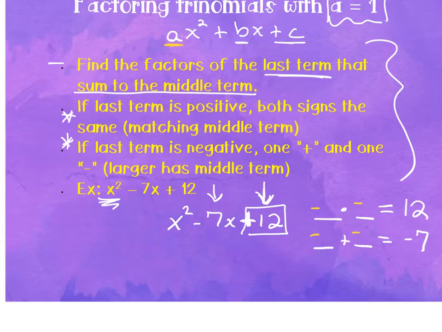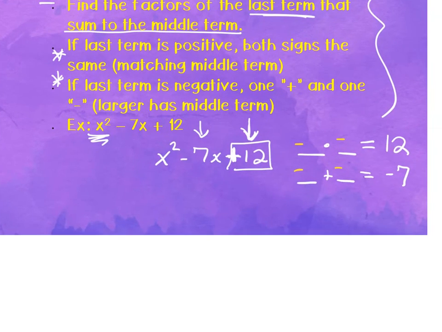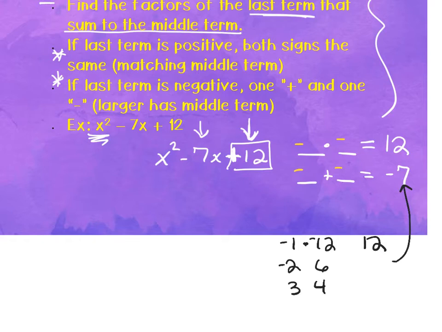Now what you have to do is start listing all of the ways to multiply to get 12, and we keep listing them until we find the combination that when I add those two factors, I get negative 7. So I'm going to list all of my factors of 12: 1 times 12, 2 times 6, 3 times 4. Remember, they both were supposed to be negative in order to get that negative 7 in the middle.